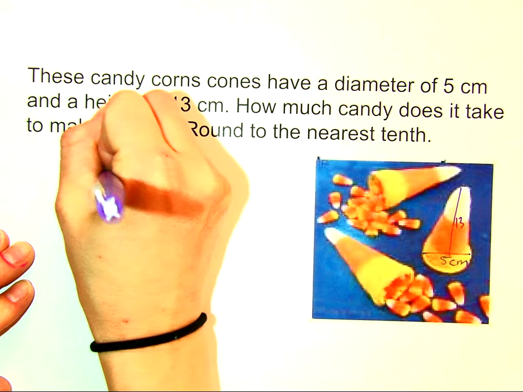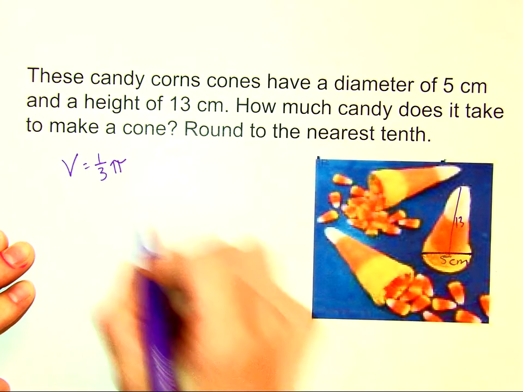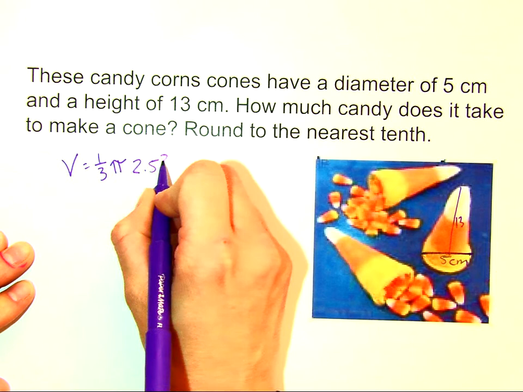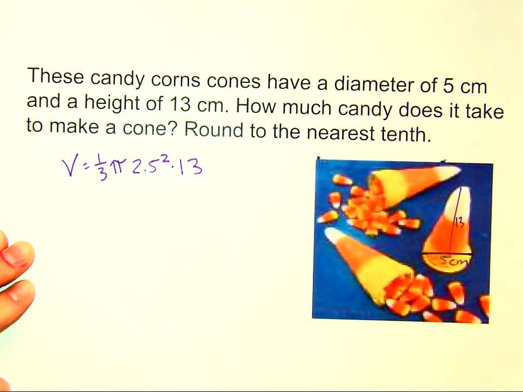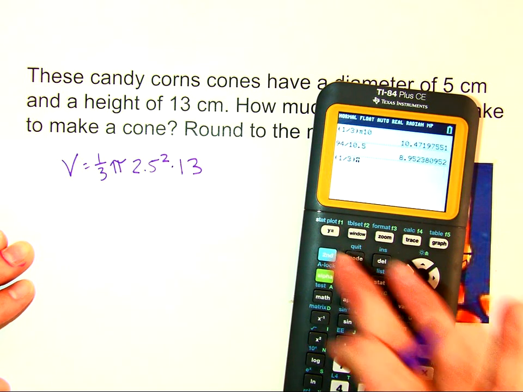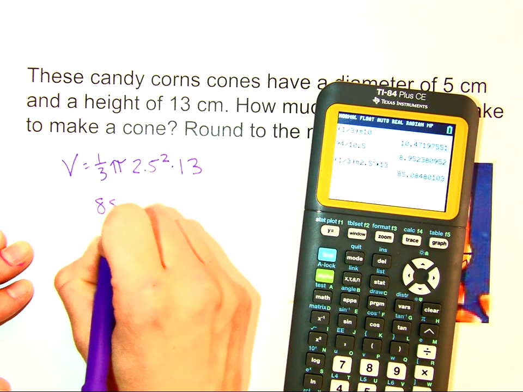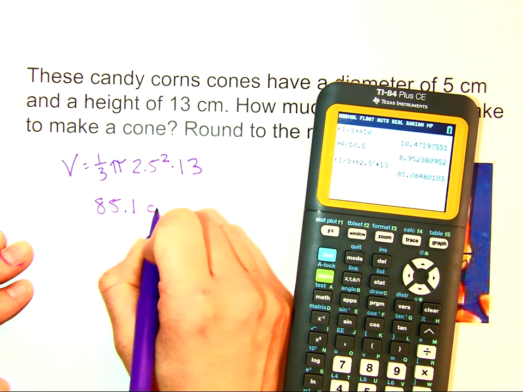So 1/3 pi times my radius, right? I gave you diameter, so my radius is going to be 2.5 squared times my height. So 1/3 times pi times 2.5 squared times 13 gives me 85.1 cubic centimeters.